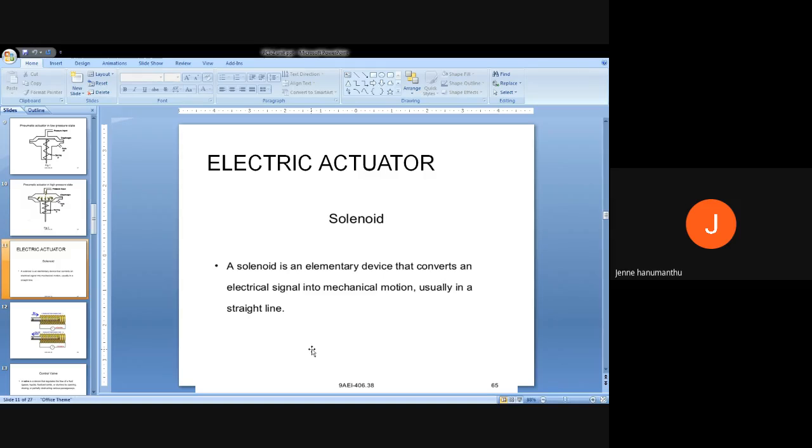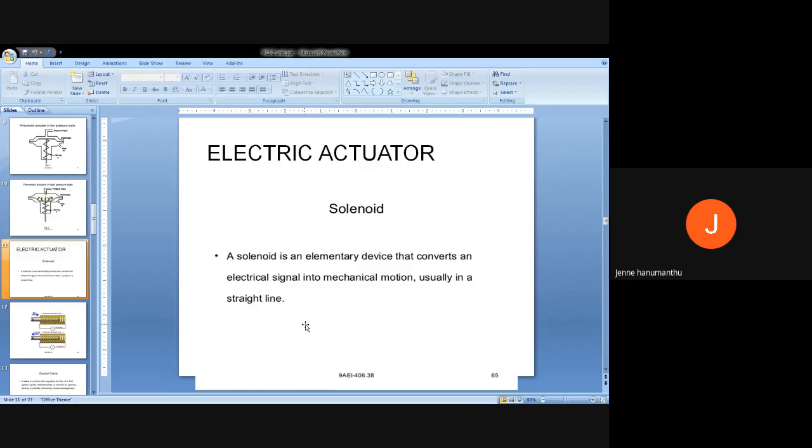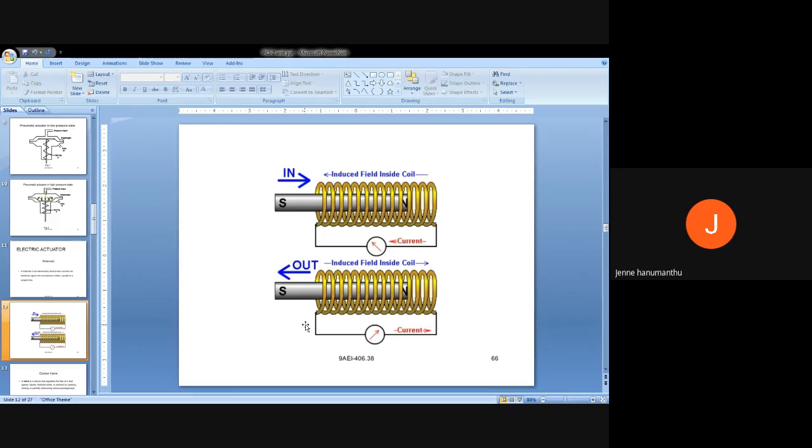A good example of an electrical actuator is the solenoid. A solenoid is an elementary device that converts an electrical signal into mechanical motion, usually in a straight line. See the diagram? This is the diagram of a solenoid. Solenoid is one example of an electrical actuator. What is the solenoid structure?